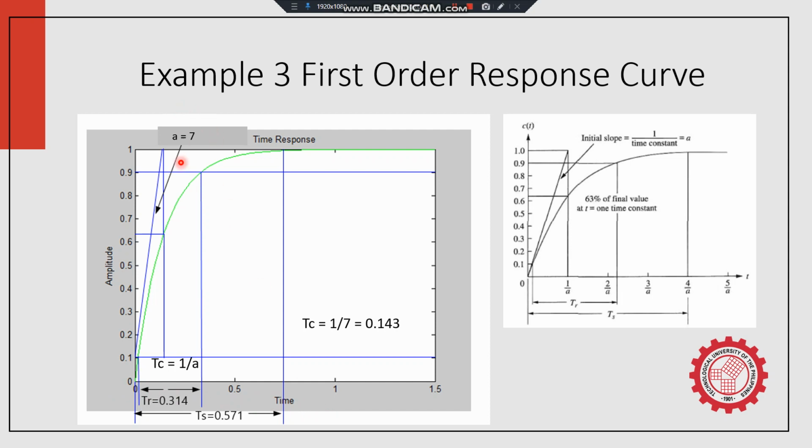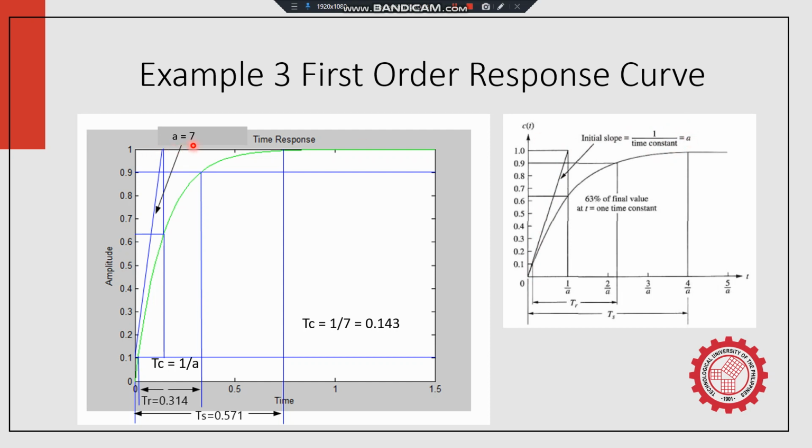And by the way, the rising of this curve is guided by this initial slope, which is equal to 1 over the time constant, or that is equal to a, meaning the slope is equal to a.